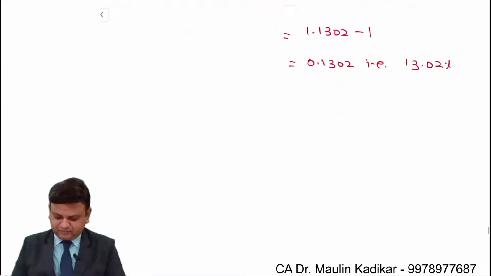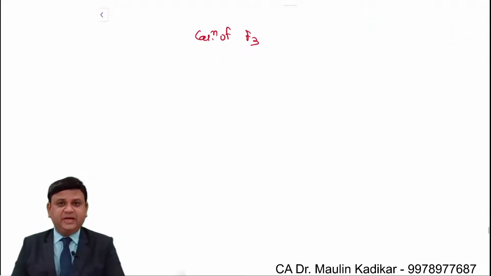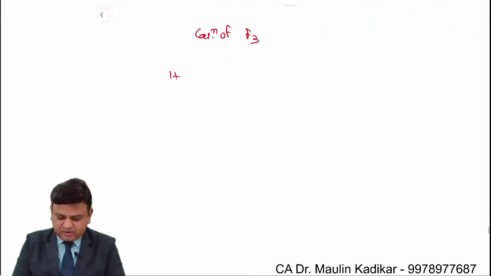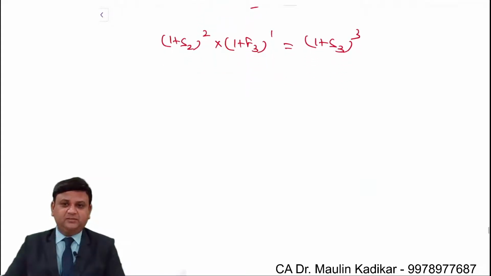Next, calculation of F3. It can be calculated like this: 1 plus spot for the second year raised to 2, into 1 plus F3 raised to 1, is equal to 1 plus spot for the third year raised to 3. That is the way it will be calculated.